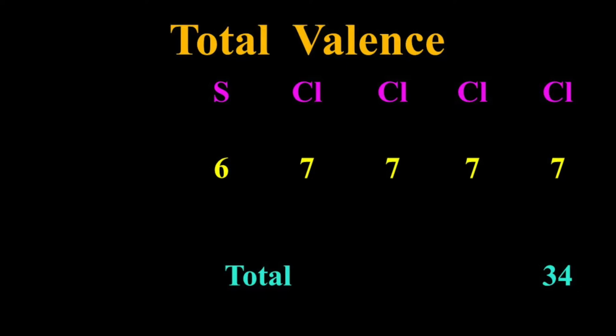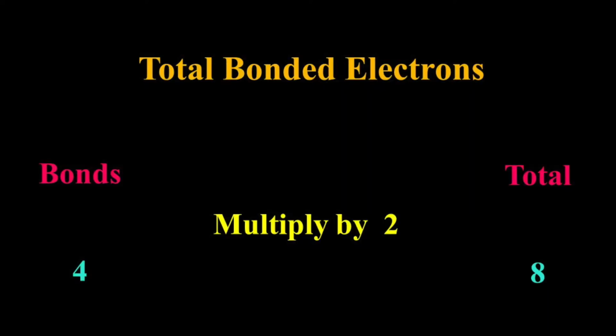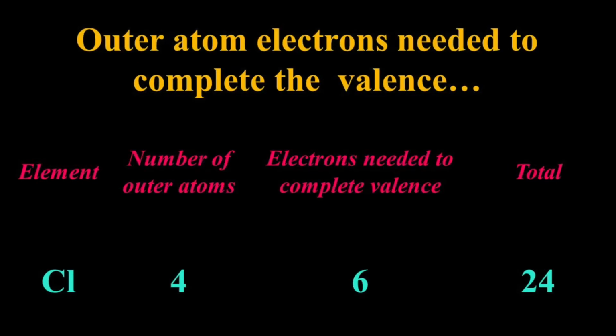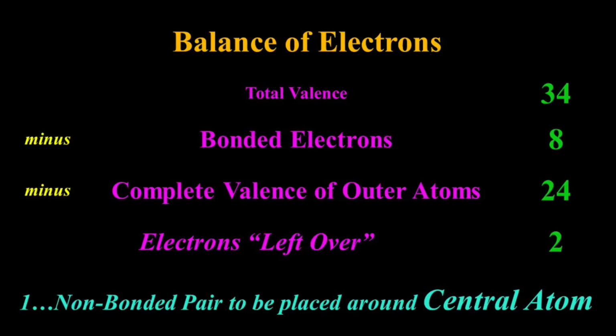We're going to have 4 bonds. That's 8. We have 4 outer atoms, and so we have 4 times 6 is 24, and that will give us 32. 34 minus 32 is 2, so we have 1 pair left over.